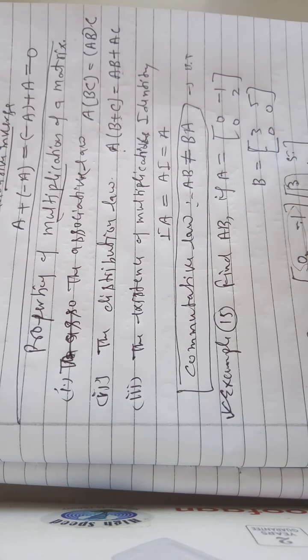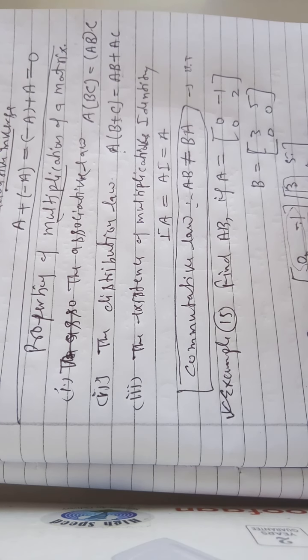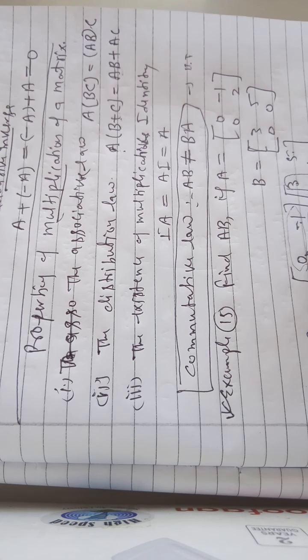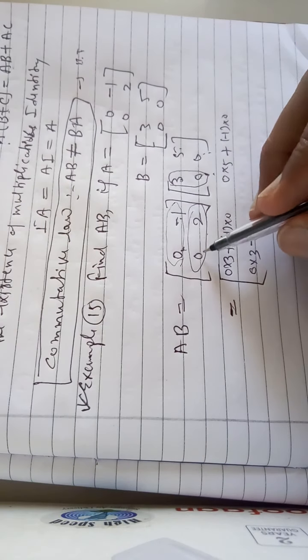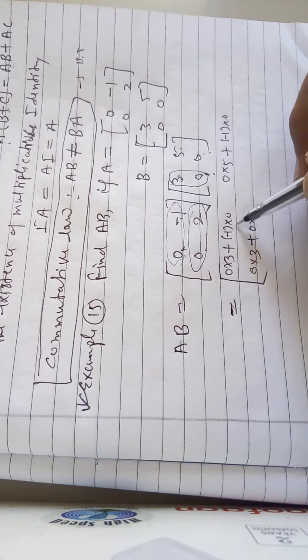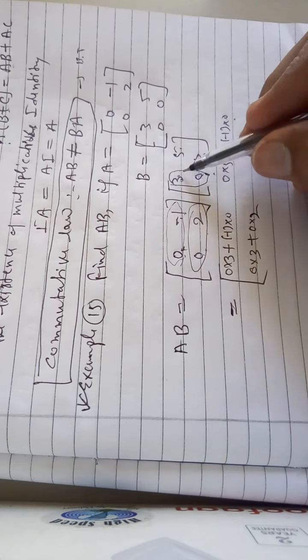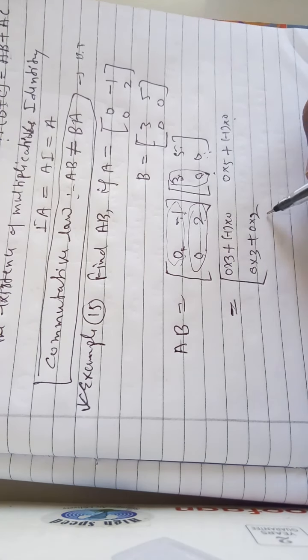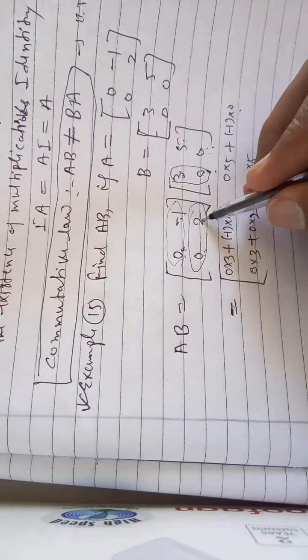Same for the second row, which multiplies first column and second column: 0 into 3 plus 2 into 0, and 0 into 5 plus 2 into 0.